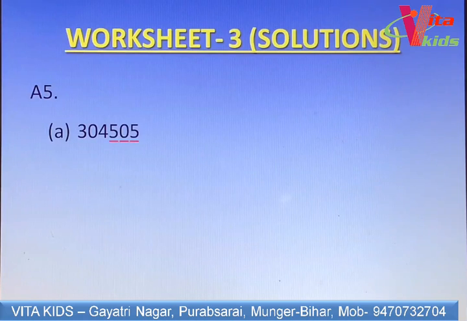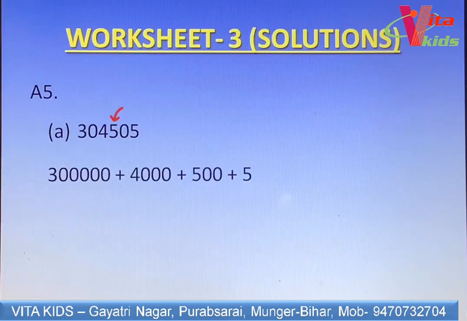So we will follow 4 with 3 zeros. Then 5. 5 has 2 digits. It will become 500. Then we'll skip the 0 and write 5 directly. So this gives us 3 lakhs plus 4,000 plus 500 plus 5.